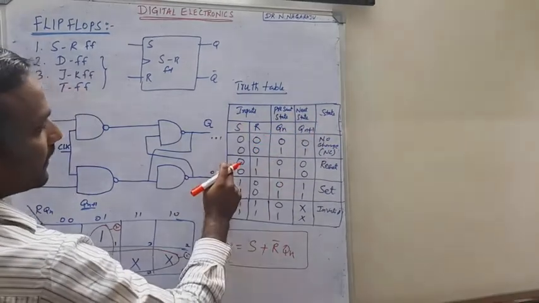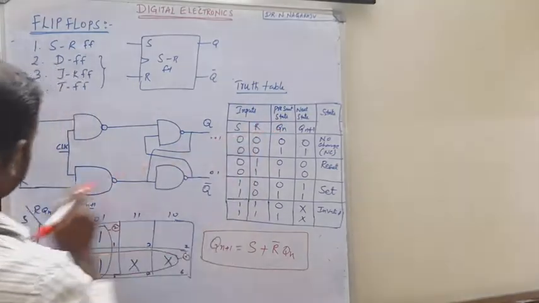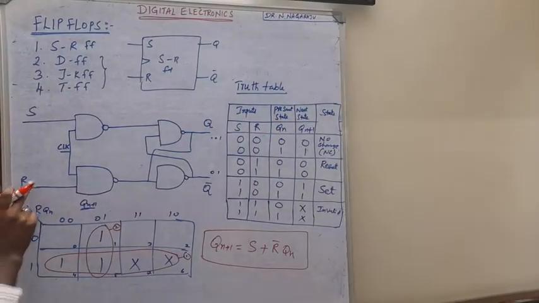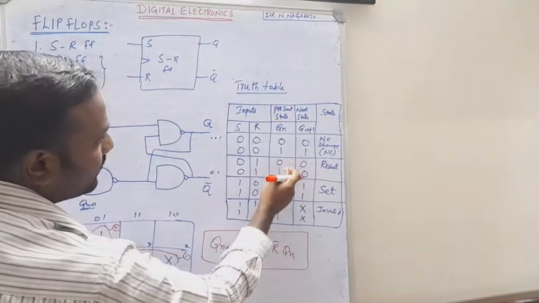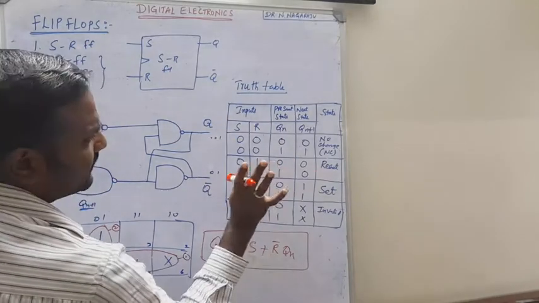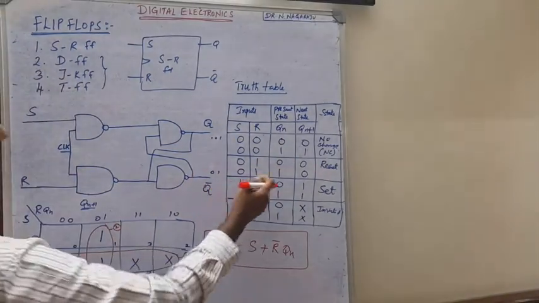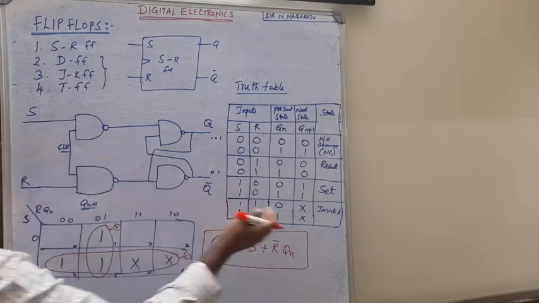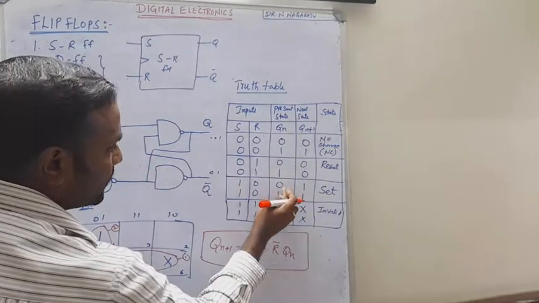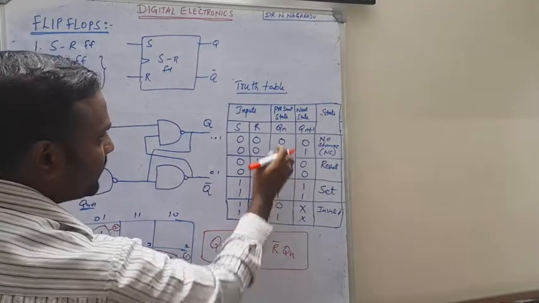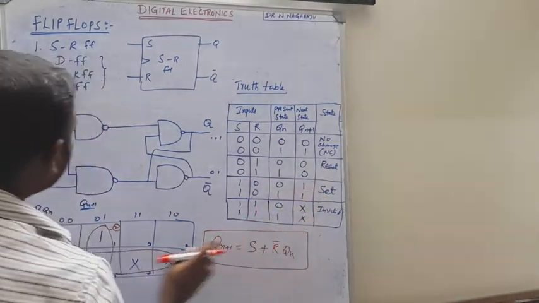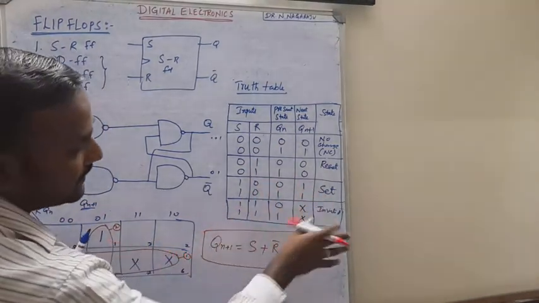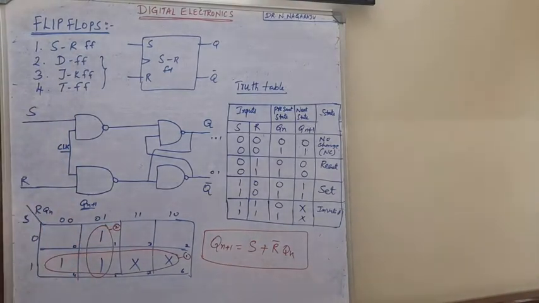If it is 0 1, 1 indicates reset, so R is equal to 1, it must be reset. If S is equal to 1, that is set, so it must be set. And 1 1 is the invalid state. So this is about SR flip flop.